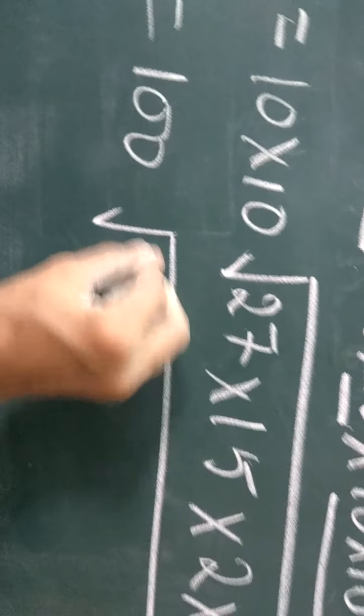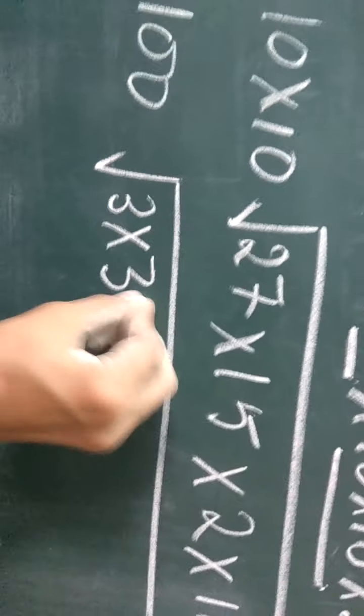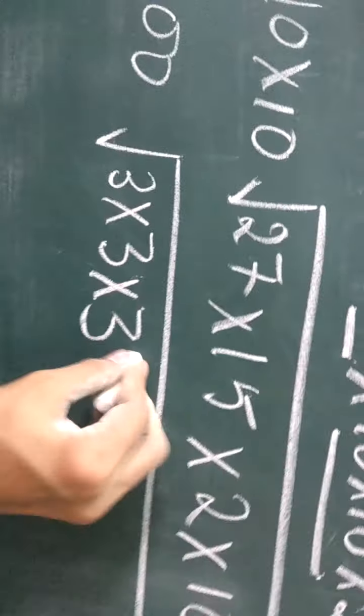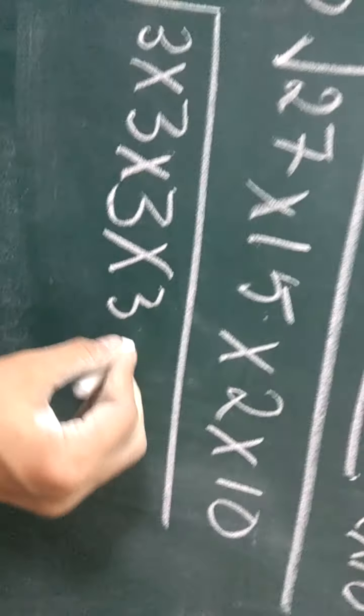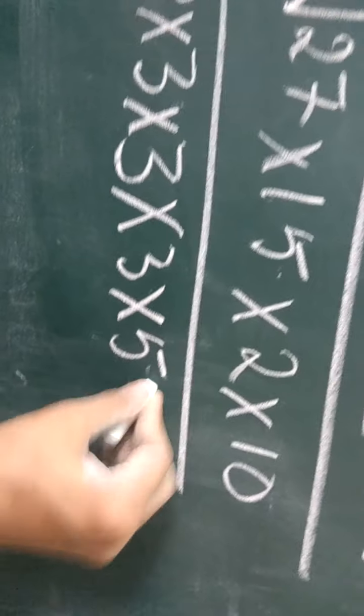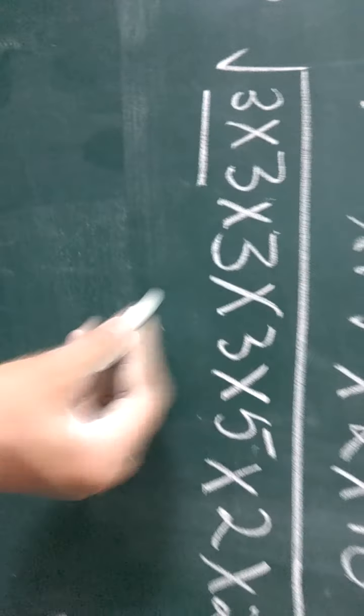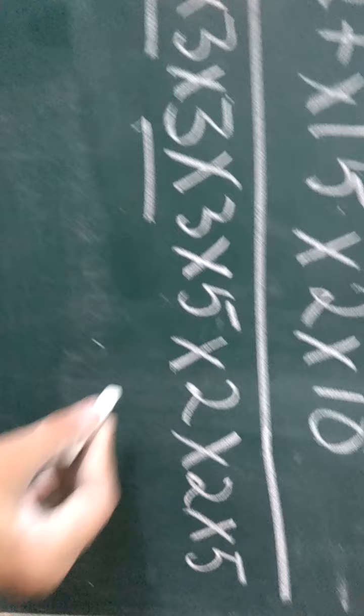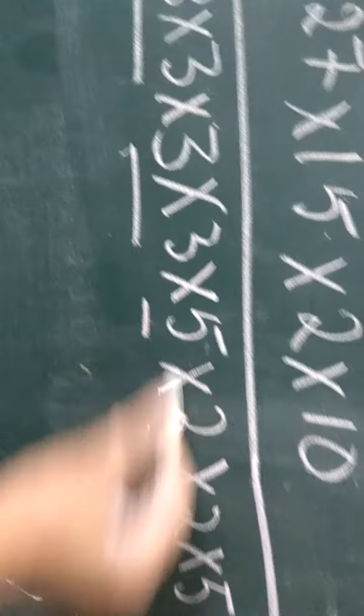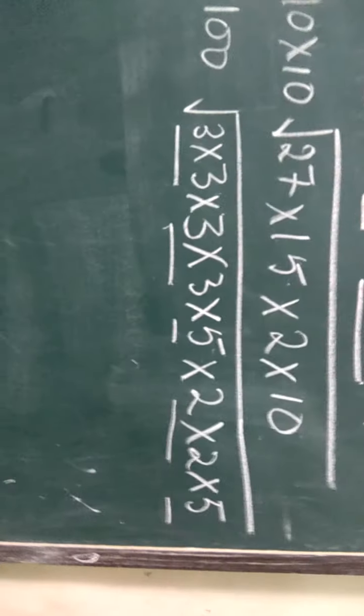What are the factors of 27? 3 3s are 9, 3 9s are 27. Then 15: 3 5s are 15. 2. Then 10: 2 5s are 10. So let us once again make the pairs. One pair is of 3. Another pair is of 3. Pair of 2 and pair of 5. No number is left unpaired.